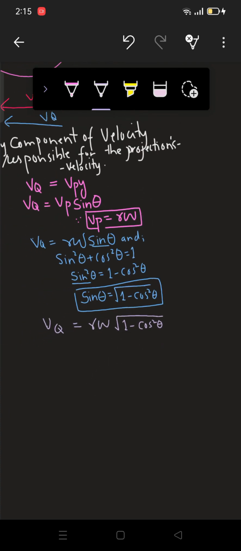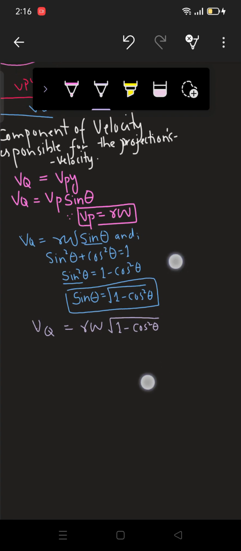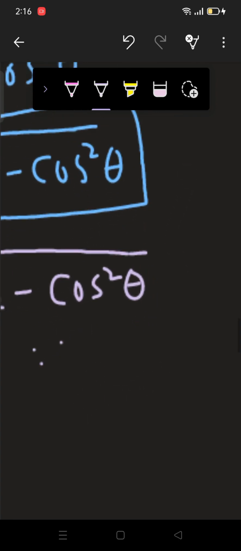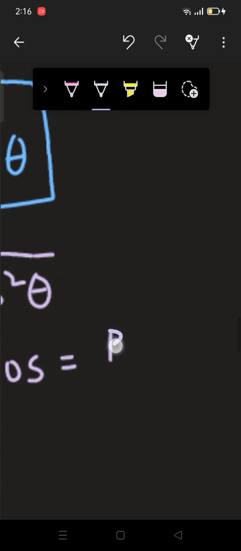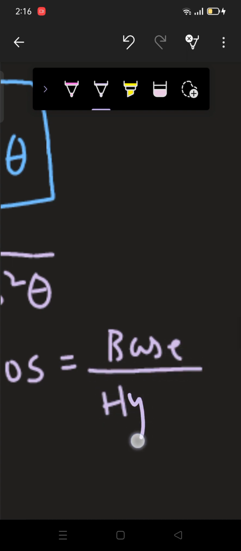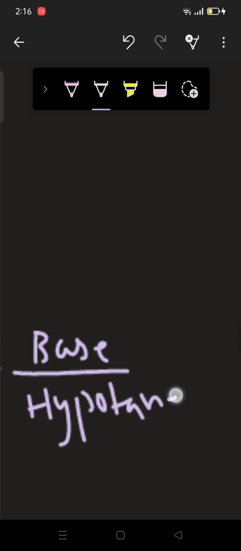And cos is equal to what? We have already learned that cos is equal to base upon hypotenuse.